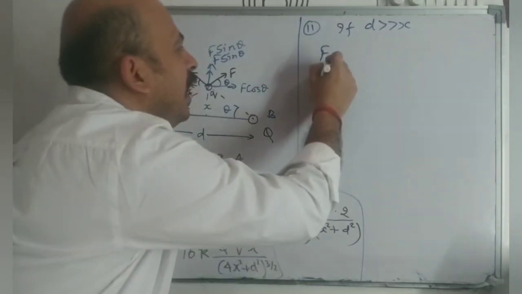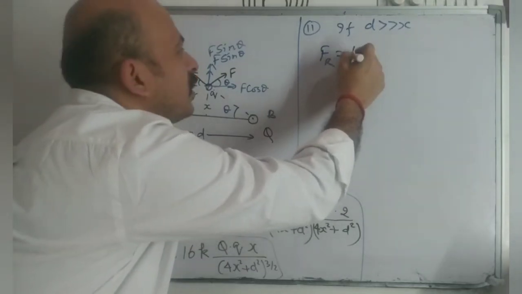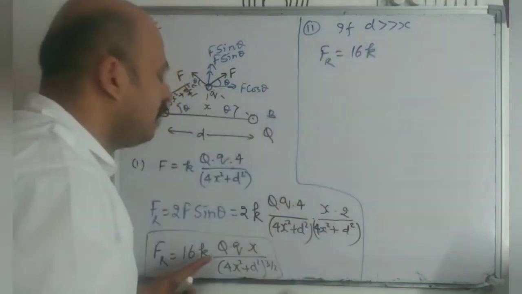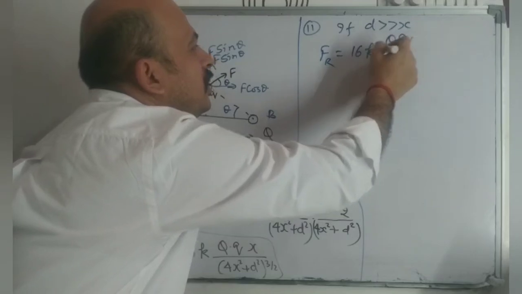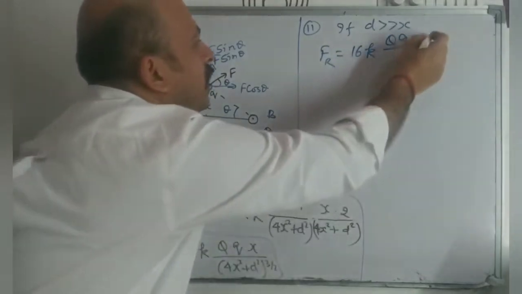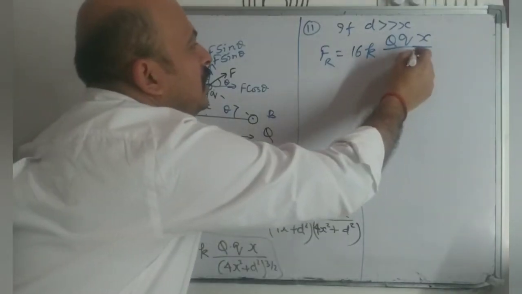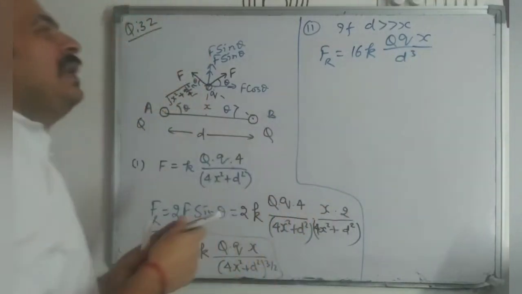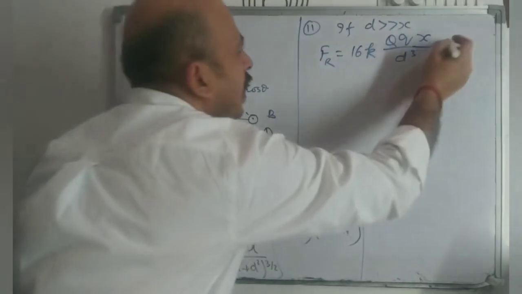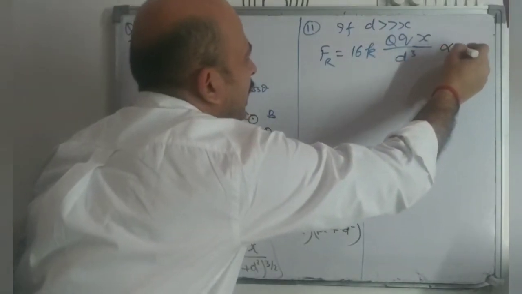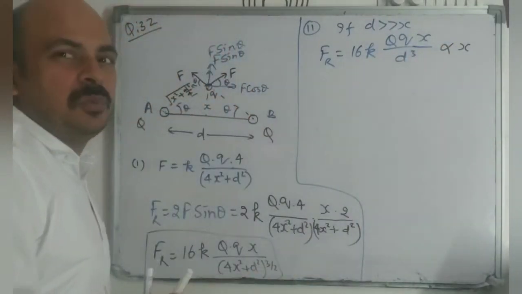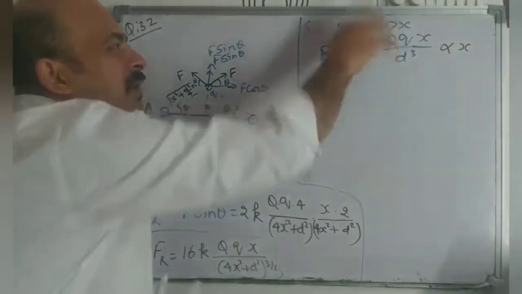So F R will be equal to 16k, k is 1 upon 4 pi epsilon naught, capital Q small q x upon d cube. This means F R is directly proportional to x. That you have to prove for that particular case.